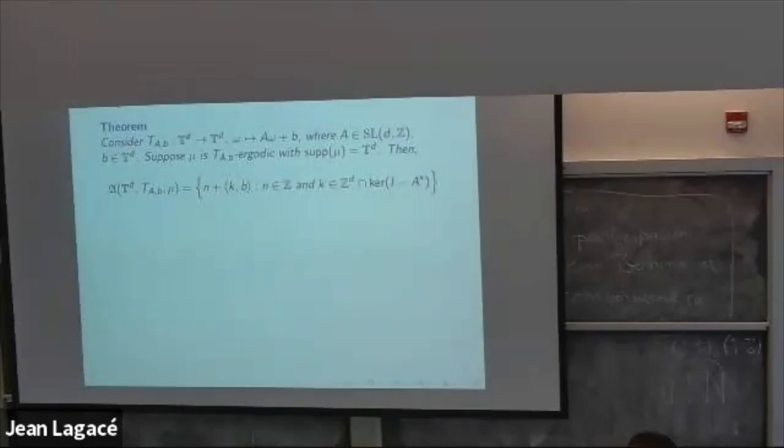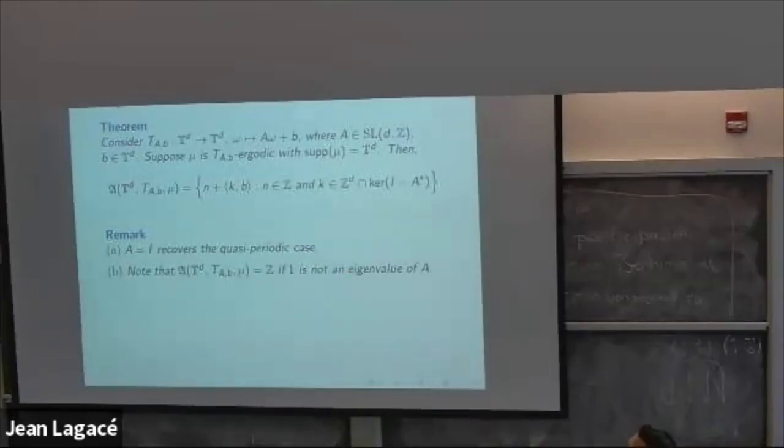So that's what the Schwarzman group is equal to. So you see here, if A is equal to 1, you just get omega gets mapped to omega shifted by B, and that is the shift on the d-torus. And as before, if you're rationally independent, then you do have Lebesgue measure that is ergodic and fully supported. So you recover the previous result.